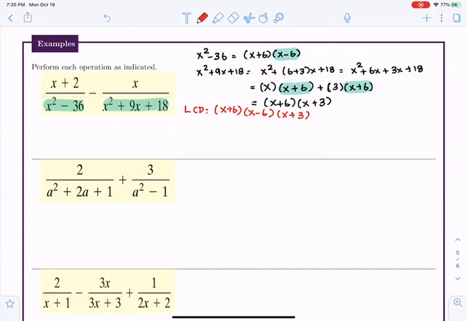Now we have to rewrite each of those fractions. So I have x plus 2 divided by x plus 6 times x minus 6. x squared plus 9x plus 18, we've factored it as x plus 6 times x plus 3. To get the common denominator, I have to multiply and divide the first fraction by x plus 3.